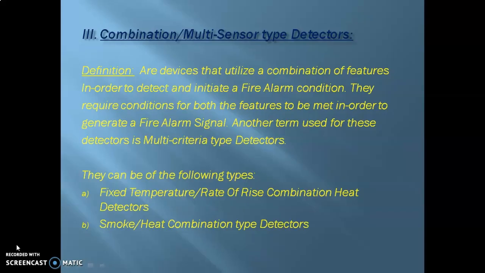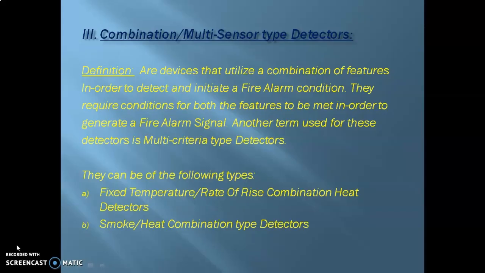So now the most common types of multi-criteria or multi-sensor detectors that are used are A, the one that we've already discussed in heat detectors, that is the fixed temperature and rate of rise type of combination heat detectors, and B, the smoke plus heat combination type of detectors. So we will not be discussing the fixed temperature and rate of rise type of heat detectors, as we've already discussed them in the heat detector section.